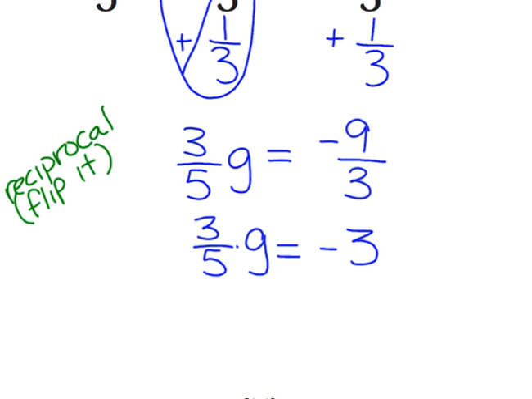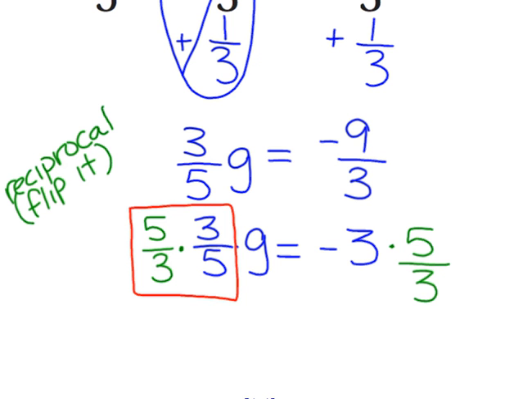So if I want to cancel out 3/5, I'm going to multiply both sides by 5/3. Okay, so again, just multiply by 5/3 on both sides. If I look just at this part that I'm trying to cancel out, that's going to equal 15 over 15, which is just equal to 1.